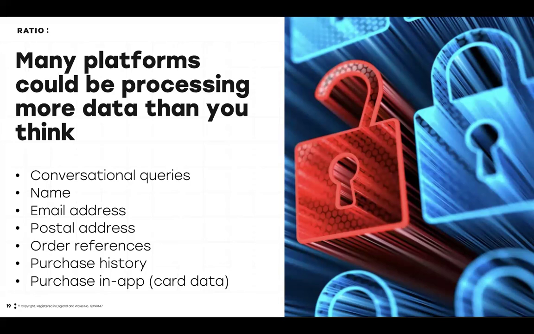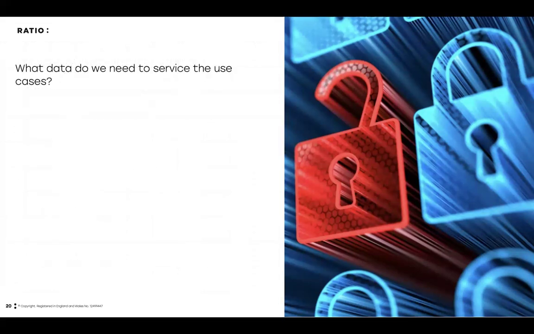There are ways around it, but the questions you need to be thinking about are, what data do we need to service the use case we're trying to build out? If we don't need to collect names and email addresses, then we need to think about how we hash that data and prevent it from being transmitted or stored in the cloud or the server architecture that the chatbot's hosted on.